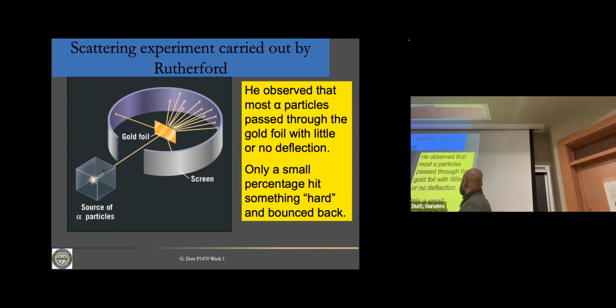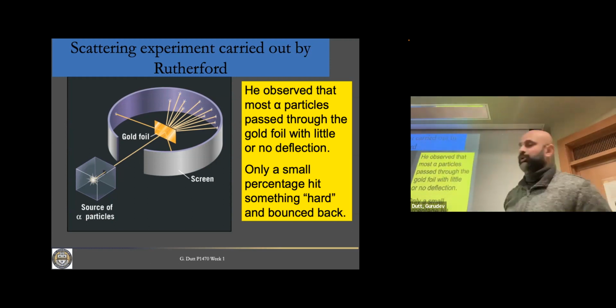Okay, so his idea was to take alpha particles. These are like in our smoke detectors and so on. They use alpha particles to detect if there's any smoke in your house. So they're very sensitive. So these alpha particles come out and they were incident on this gold foil. And then most of the alpha particles went straight through, but occasionally some of them were deflected by huge angles.